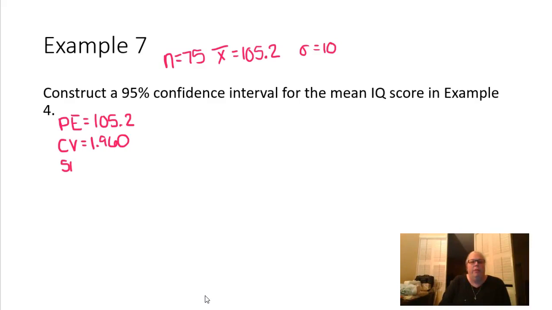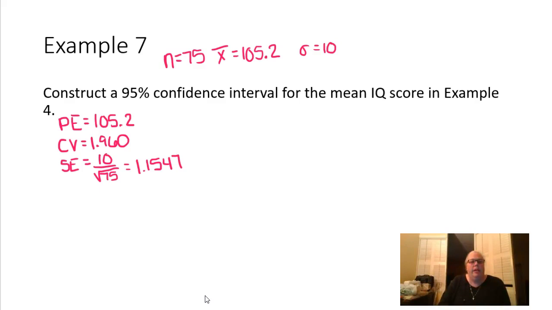The standard error, we already calculated that on the other slide, but I'm going to do it again because remember that's going to be the standard deviation 10 divided by the square root of our sample size here, which is 75, and that's going to give us 1.1547. Remember I had rounded that off.